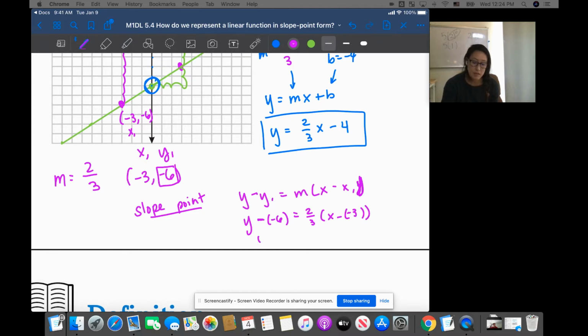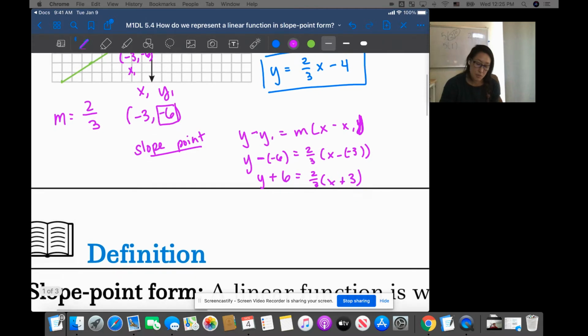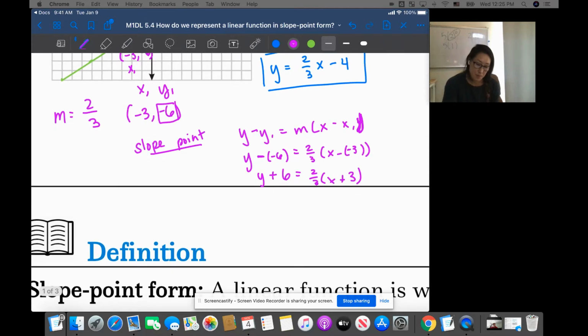So a negative times a negative gives me a positive. So I get y plus 6 is equal to 2/3 times x plus 3. Okay, this is slope point form here.